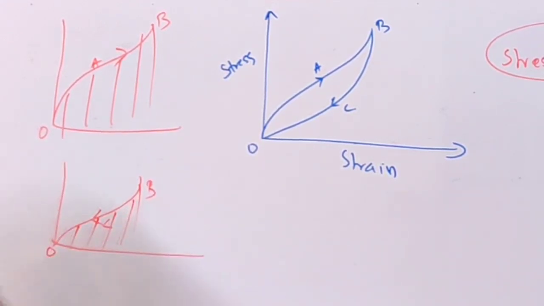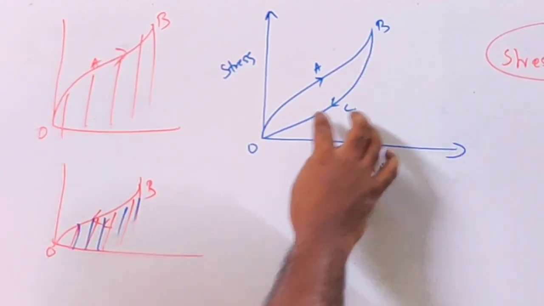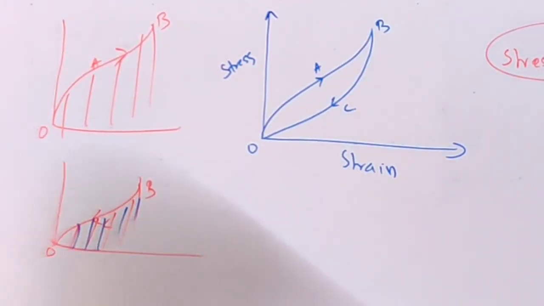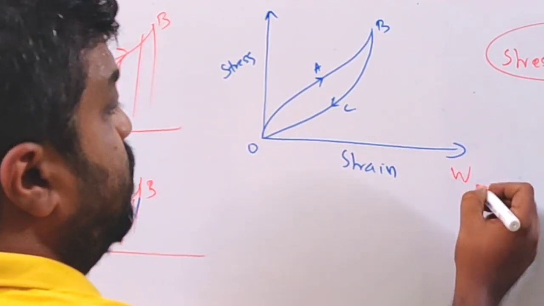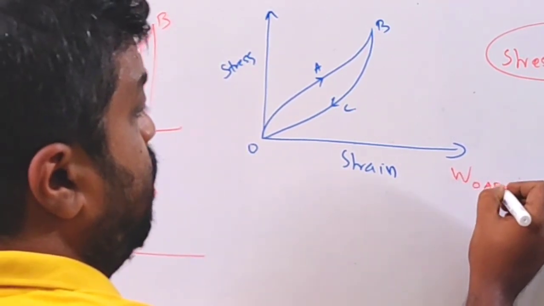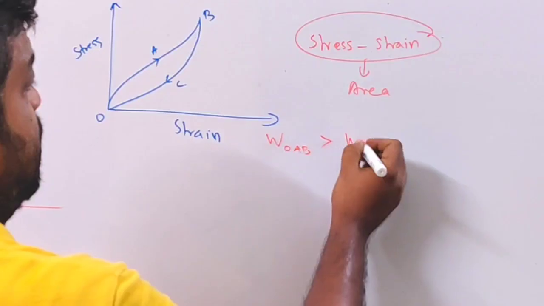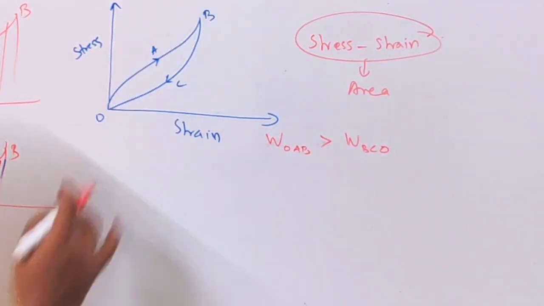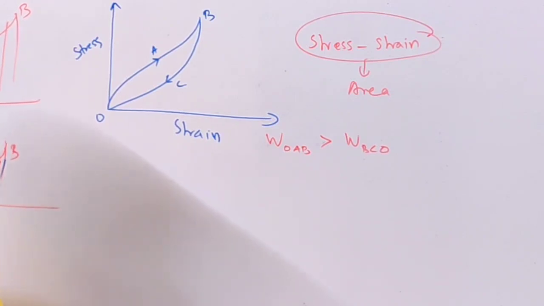So obviously, area under BCO part will be lesser than area under OAB. So that means work done from O along OAB will be greater than work done along BCO. For this part, work done is more.